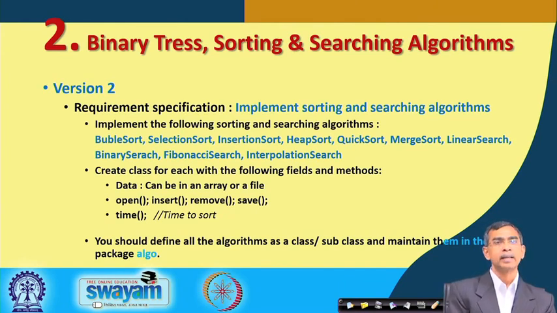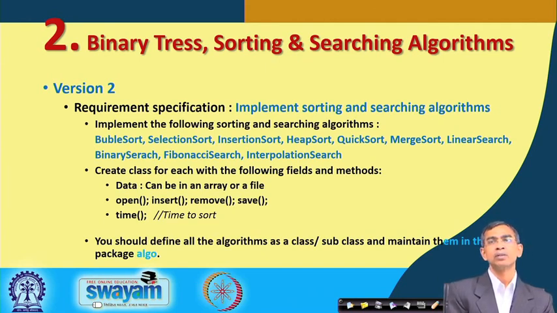And for the methods, you can do open, insert, remove, save. That means after sorting, the data can be saved. Opening means you can open the raw input data. Remove means you can eliminate one item from the sorted data array, or it can insert also, but insertion should be in a sorted manner.